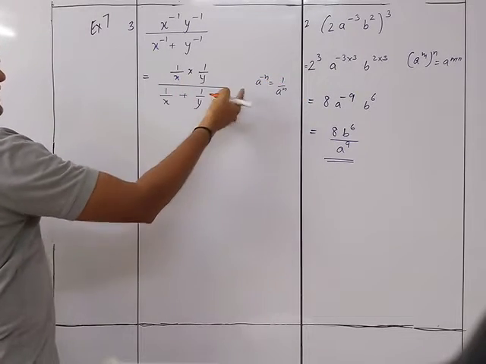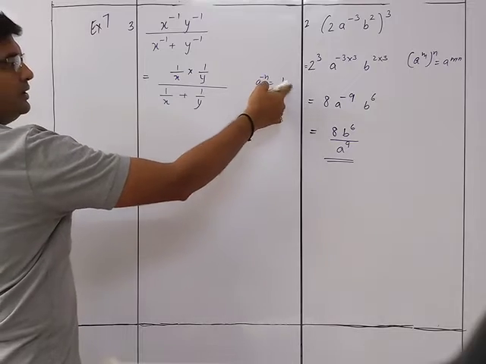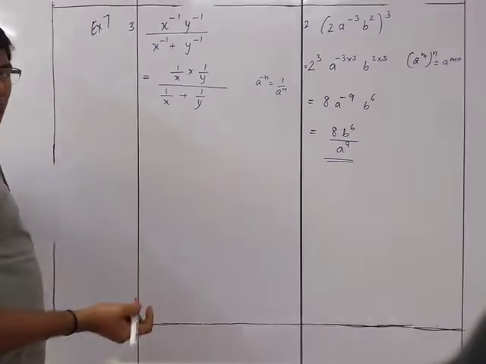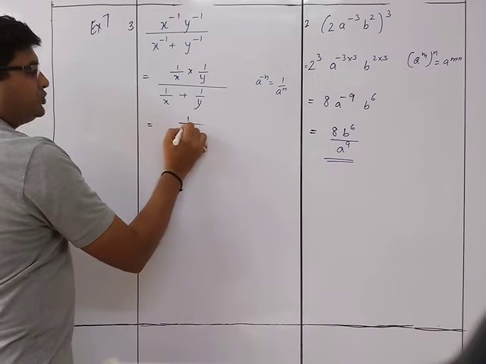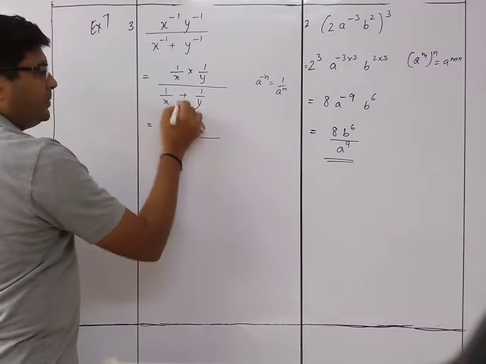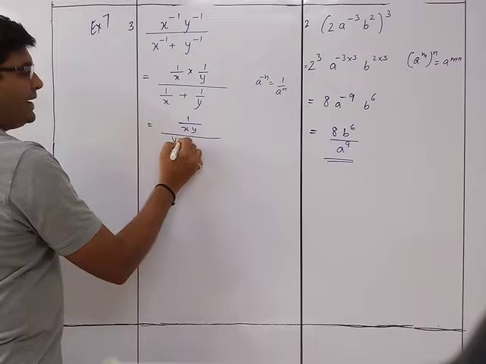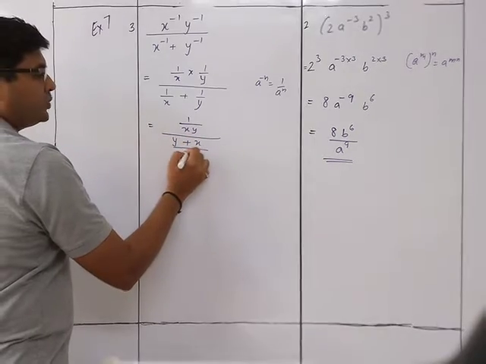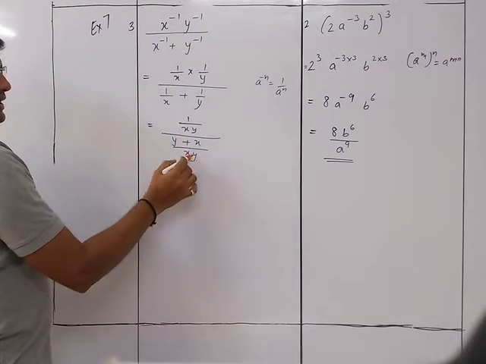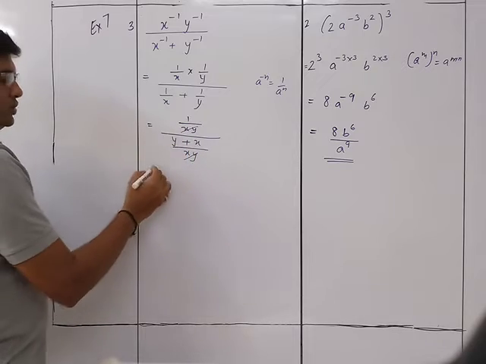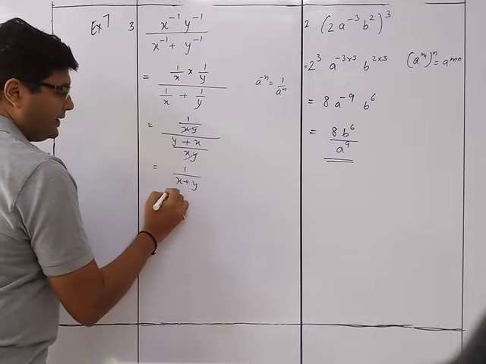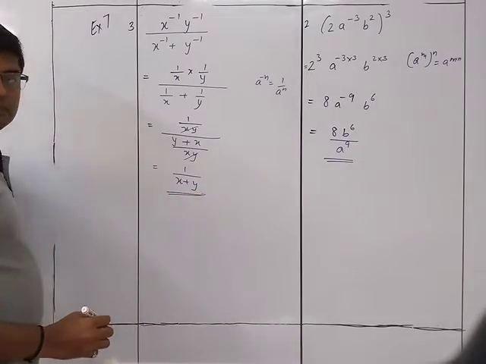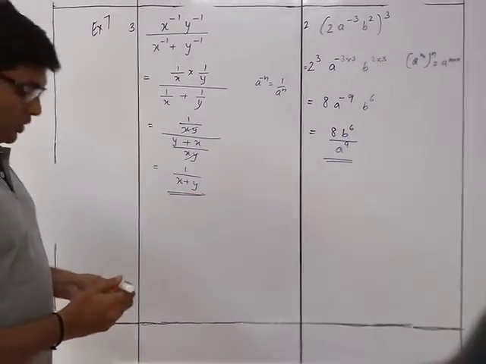So here n is just 1, and it becomes just x and y. The upper one becomes 1 upon xy. The denominator will become, now take the LCM, so y plus x upon xy. You can see the xy gets cancelled, so we get the answer is 1 upon x plus y. That's the final answer. Okay, got it?